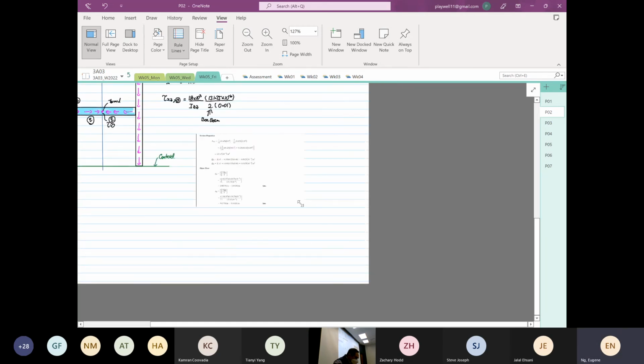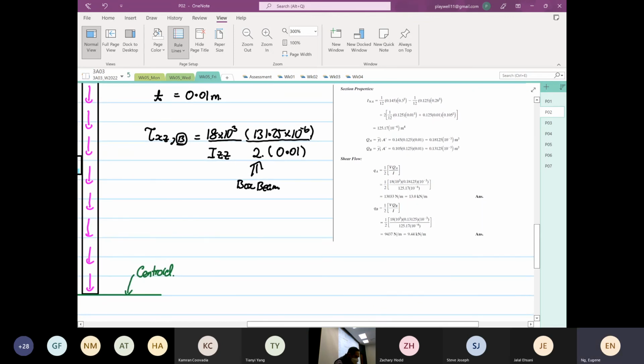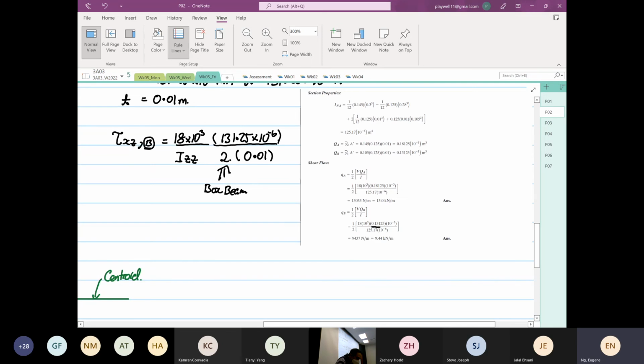So I'm going to zoom in and look at point B, and how the solution presents itself. You can see that this is also equal. Can you all see? This value over here is the same as what we have. They put half down here because of the box beam analysis, and the thickness is also the same, 10 times 10 to the power minus 6, 0.01.